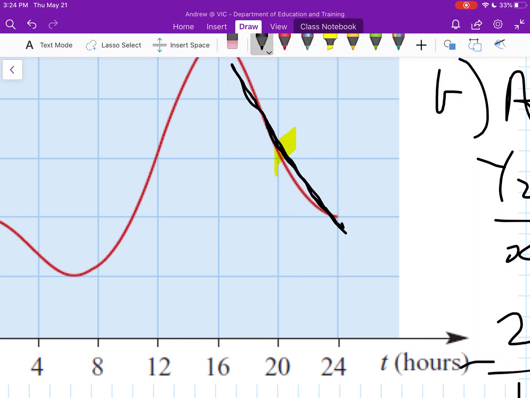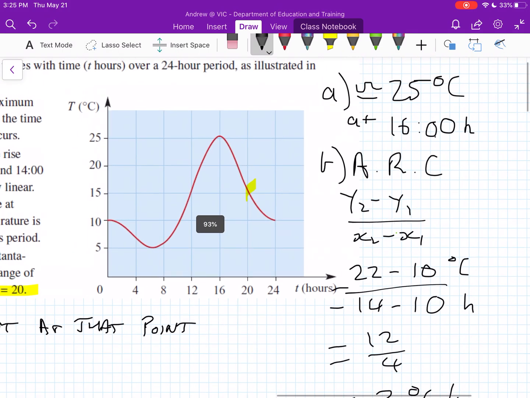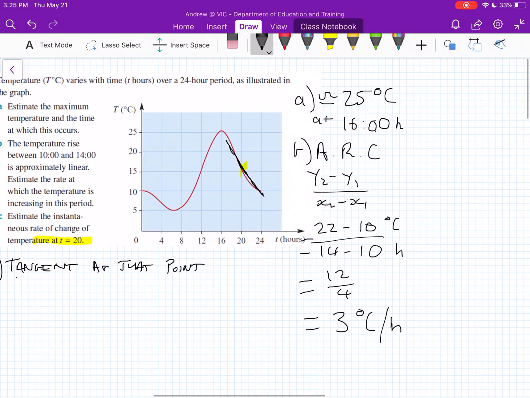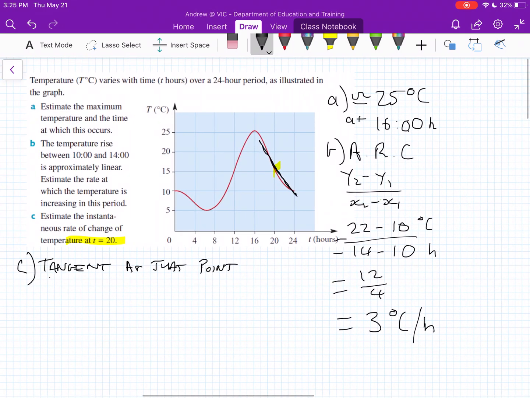So you'll see we want to have about the gradient of where that 20 is. So then we draw our tangent line and we need to try and get some points to estimate this. So with this, I'll zoom back out again. So we need to find the tangent of that point.